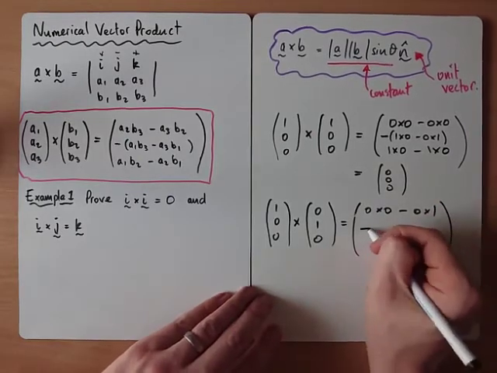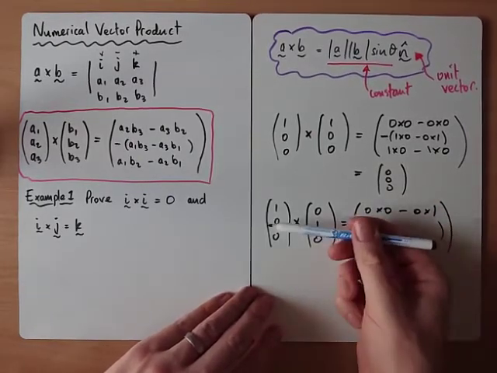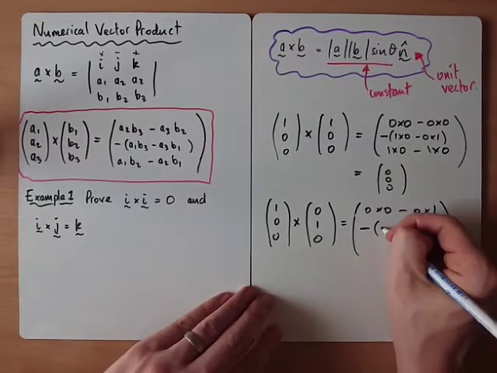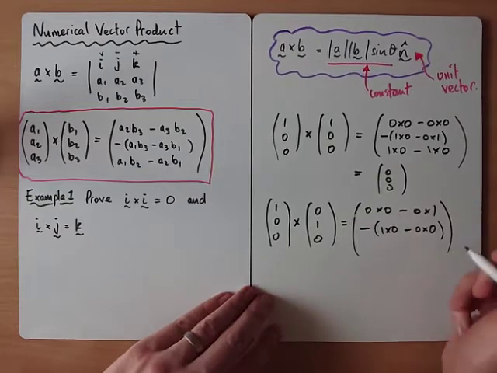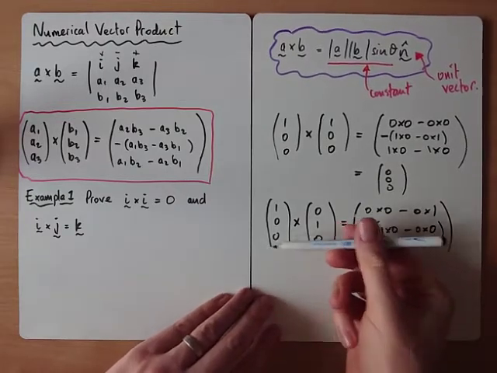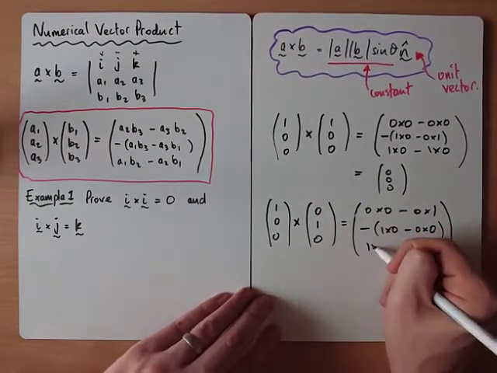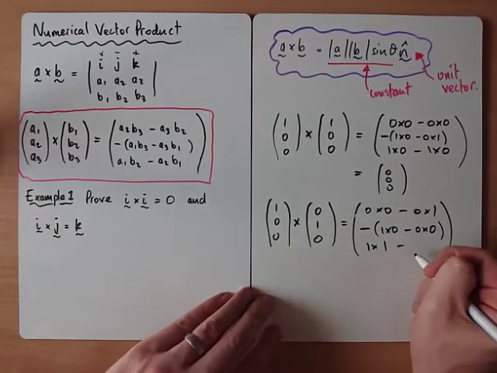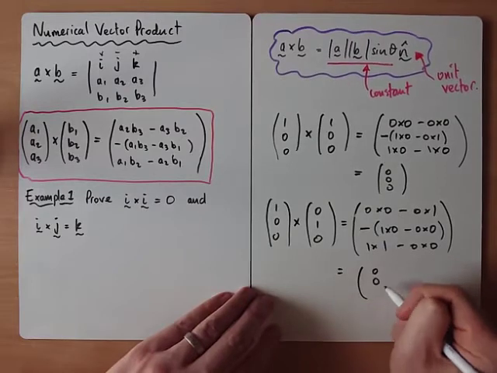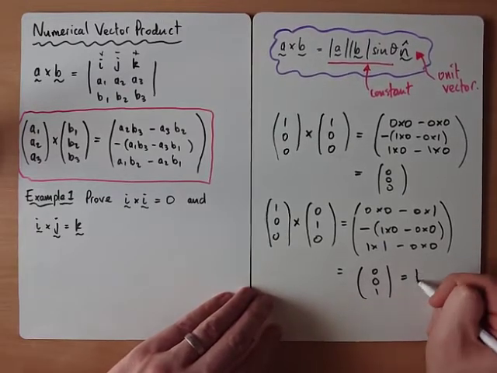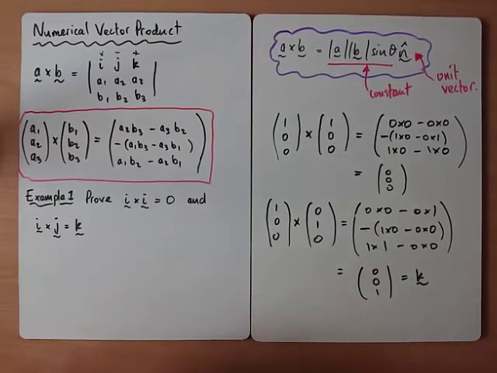The middle, don't forget the negative, 1 times 0 minus 0 times 0. And then the final one, we've got 1 times 1, there we go, minus 0 times 0, which gives (0, 0, 1), also known as k.